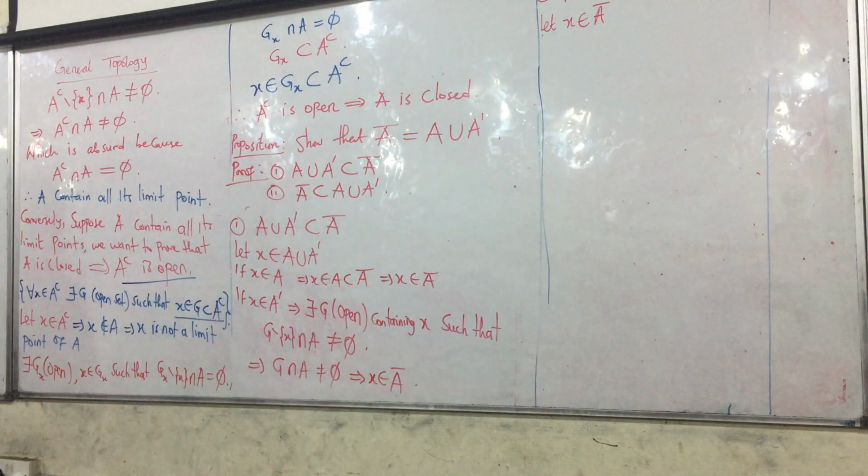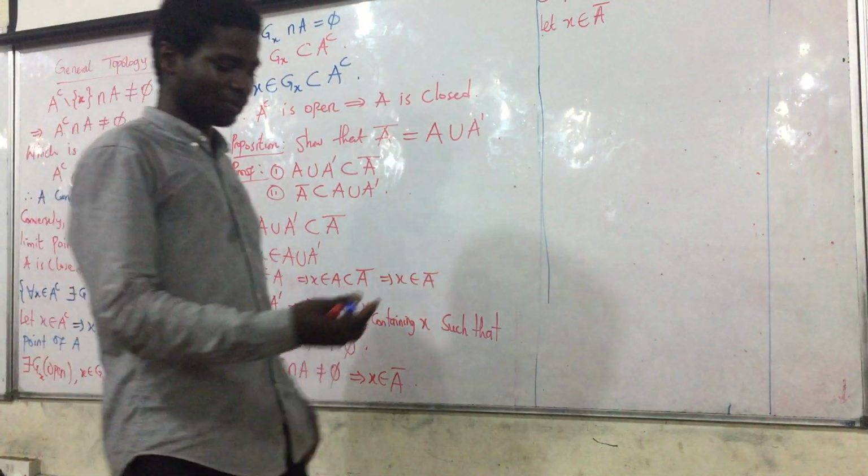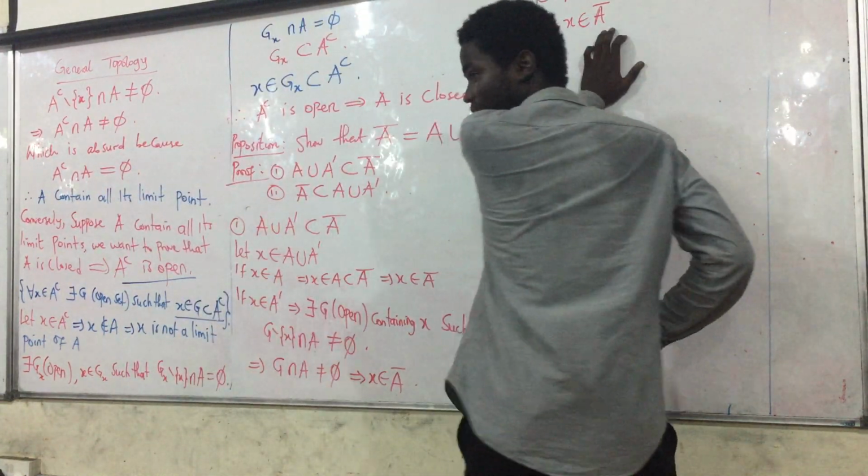We want to prove that S belongs to that one. If S is in A, there's nothing to prove. But if S is not in A, there's something to prove. Let S be in A bar.